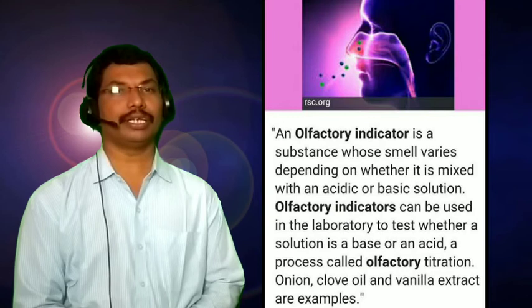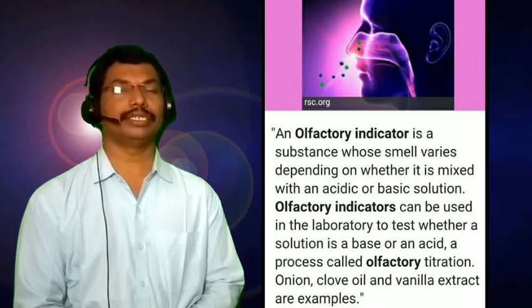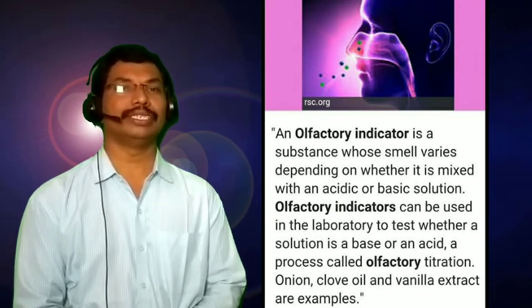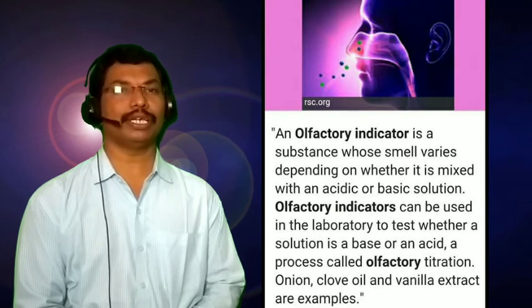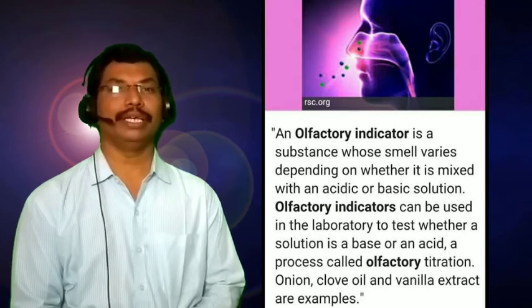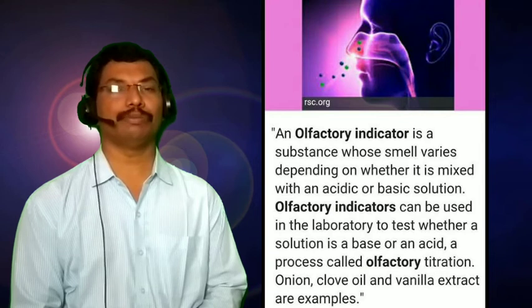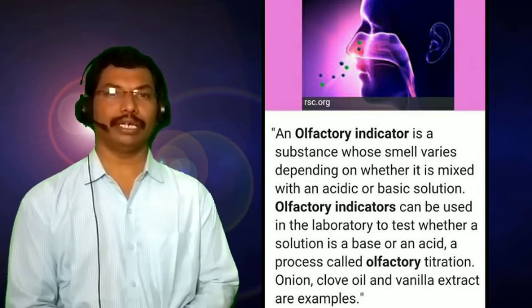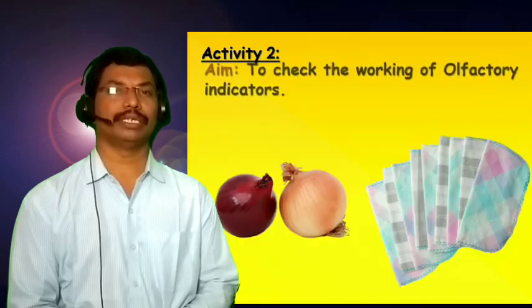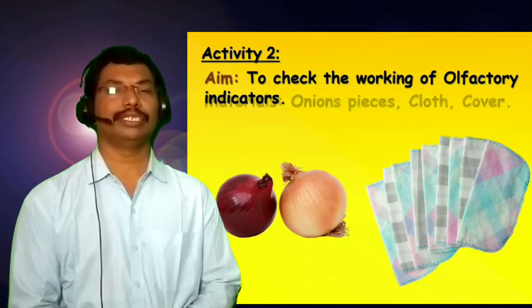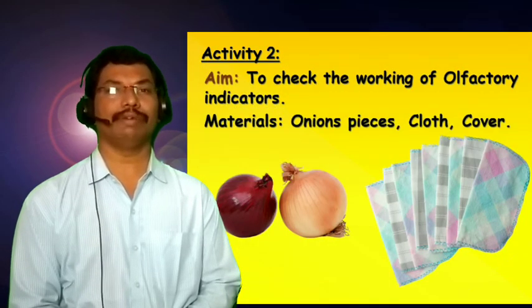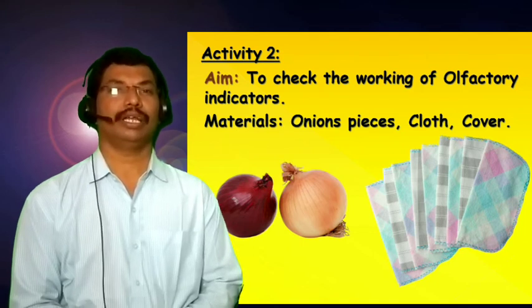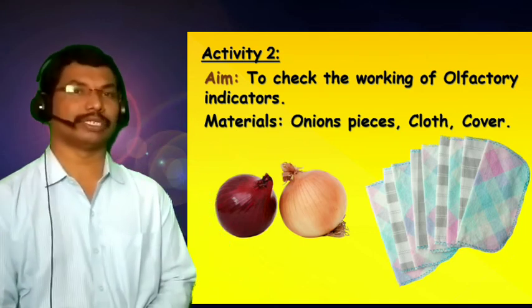Olfactory indicators are the indicators which give the acidic nature or basic nature of a given compound by their odor, means by their smell. Now here we will take onion pieces to check the acidic nature and basic nature of the given substances. Now let us get into the process.